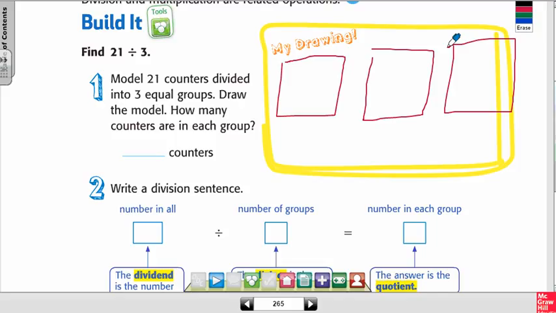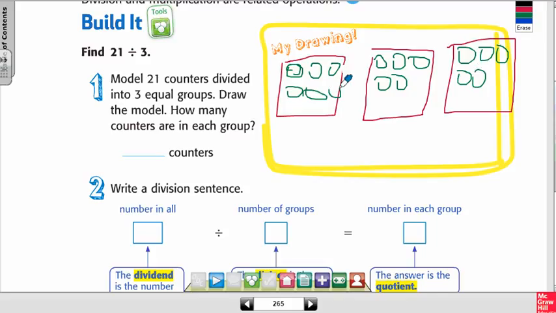So there's 3 groups, and then I need to put a counter into each one until I run out. So obviously I'm going to go 1, 2, 3, 4, 5, 6, 7, 8, 9, 10, 11, 12, 13, 14, 15, 16, 17, 18, 19, 20, 21.